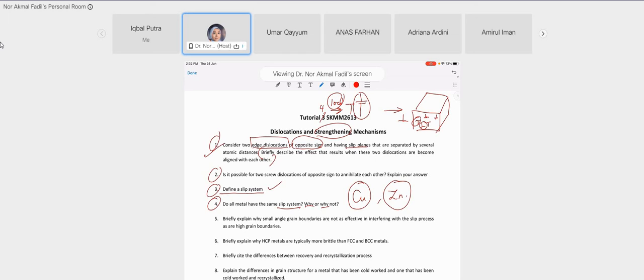Not the exact answer, but because this is an open book test with open-ended questions, I need to know your ability to give some idea of how you are going to find the answer, the direction you take to get the answer. So for example, in question number 4, do all metals have the same slip system? How are you going to find this answer? Are you going to Google what a slip system is? Or look at certain properties that give you some information on the answer?